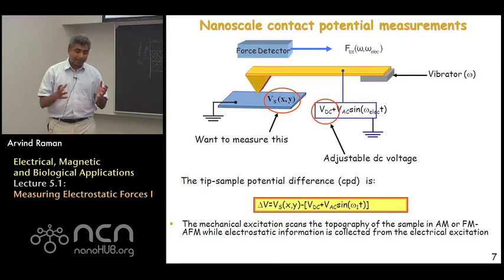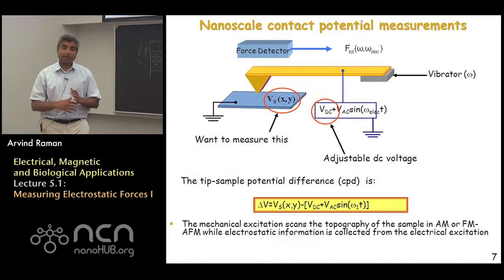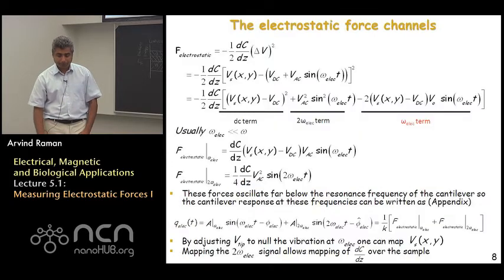So the idea here is then to scan the sample using observables of the mechanical excitation frequency, but use the observables at the electrical excitation frequency to measure the local electrical properties of the sample.